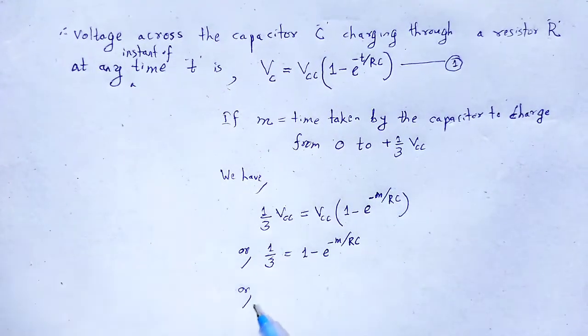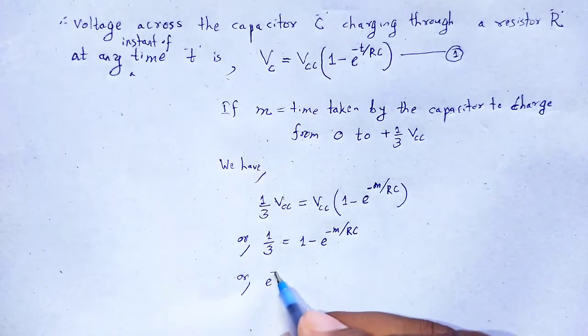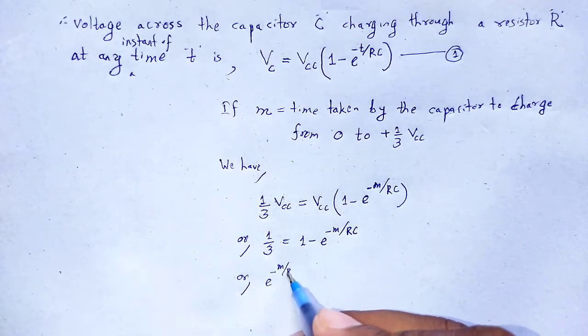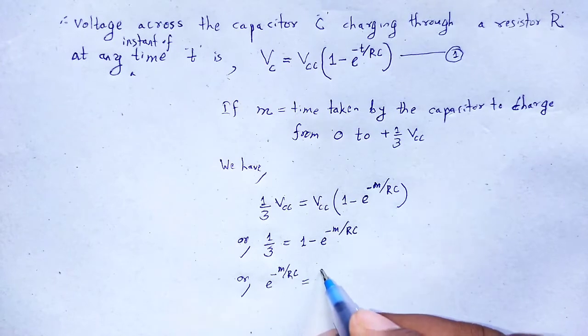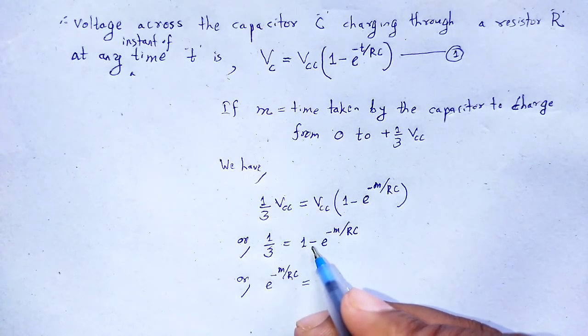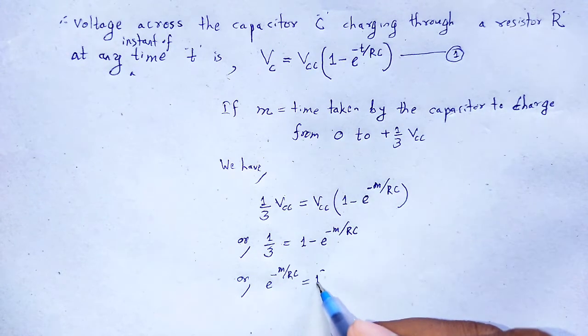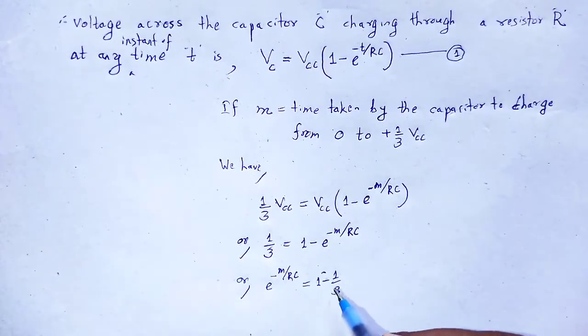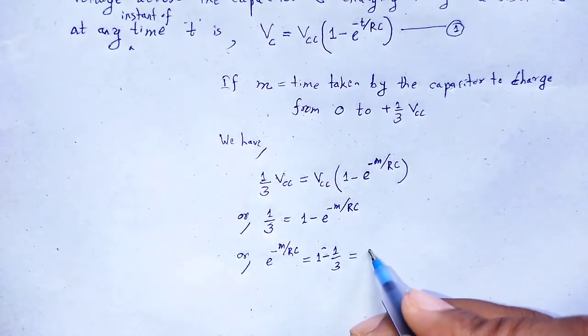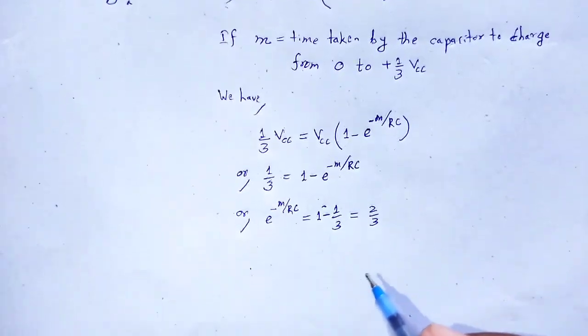Or e to the power minus m divided by RC is equal to 1 minus 1 by 3, that is equal to 2 by 3.